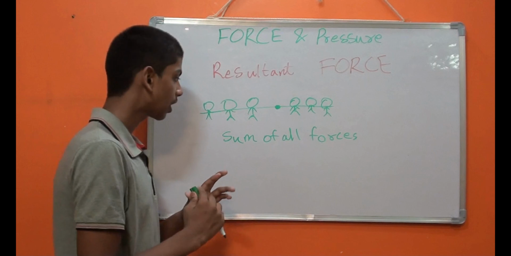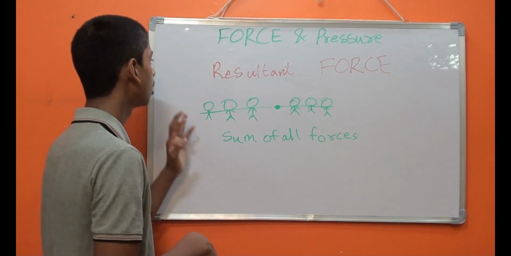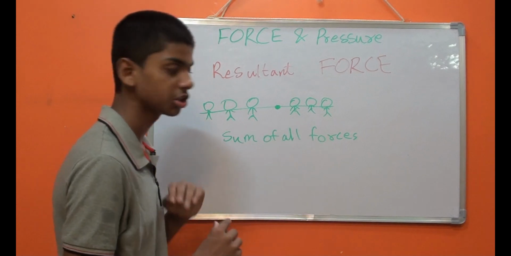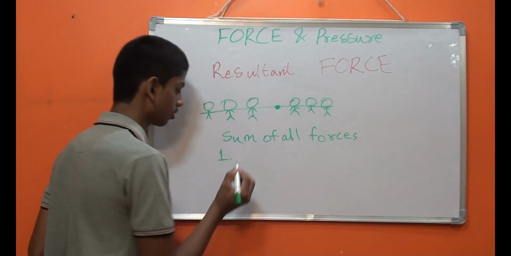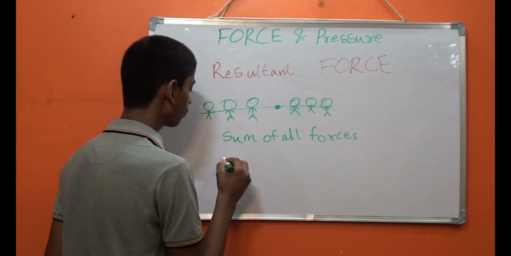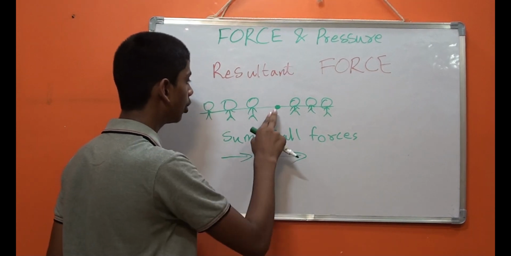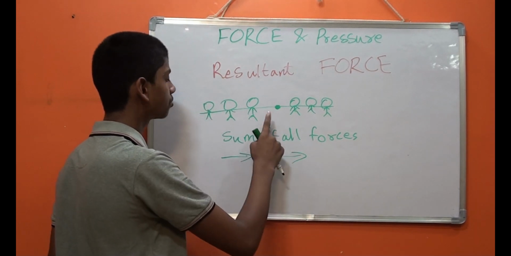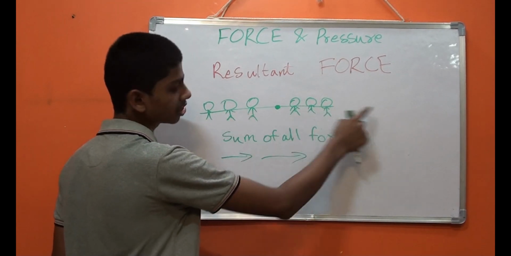Now here, there are some different situations where the sum of the forces also changes. Now let's see those cases. The first case is when the forces are acting in the same direction. Here, these people are trying to pull the rope to this side.